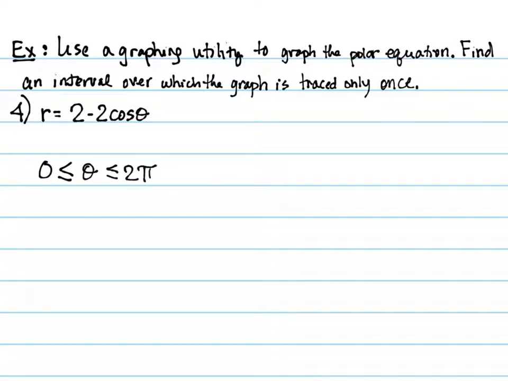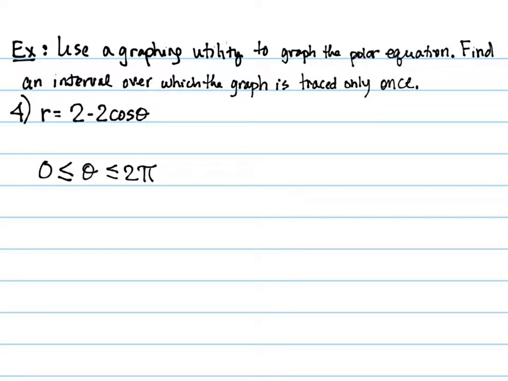Now, just for fun, what I want you to see is what happens if you've chosen a value that doesn't work. Obviously, if the value is short, like you only went to pi, you're just not going to see the whole picture, okay? But what I want you to see is what happens if you've chosen something too big. So hit window, and instead of going to 2 pi, for the moment, just make it 3 pi or 4 pi, okay? Something bigger than 2 pi.